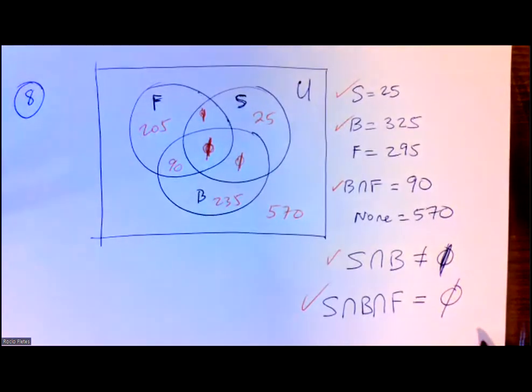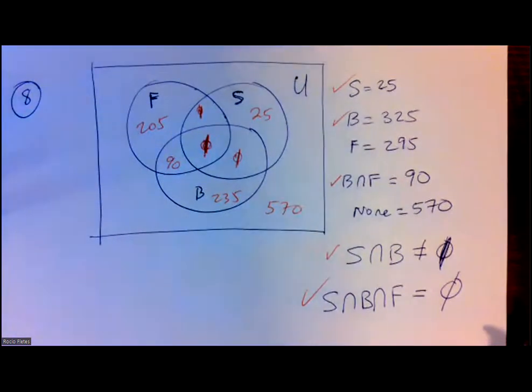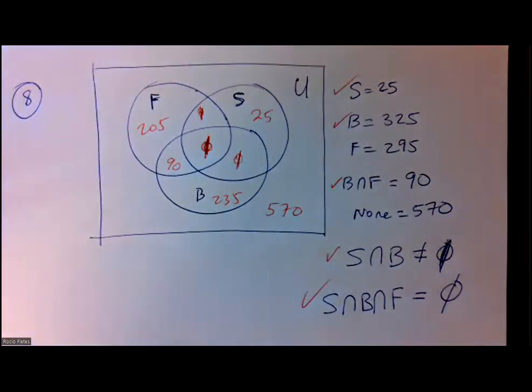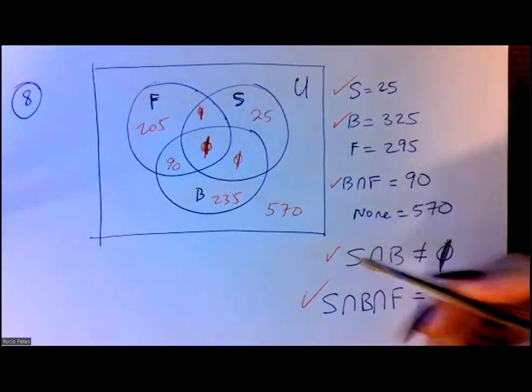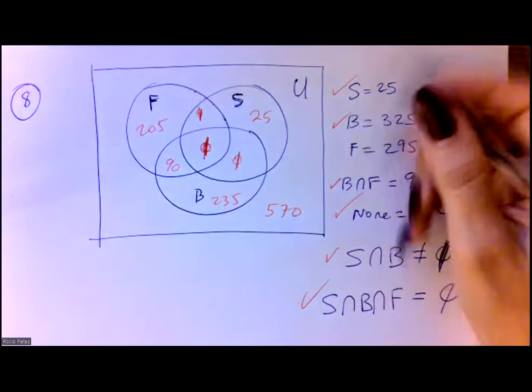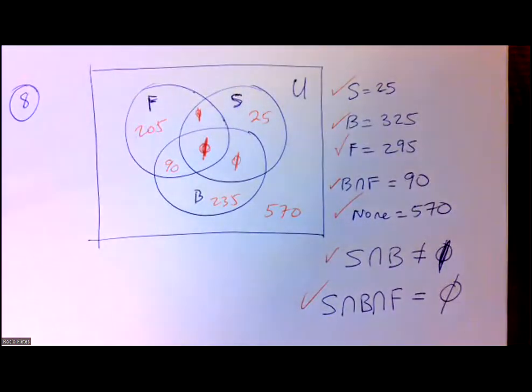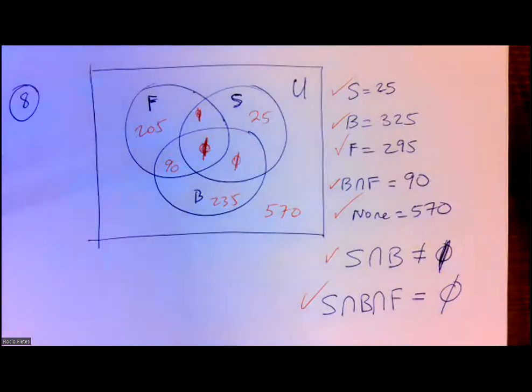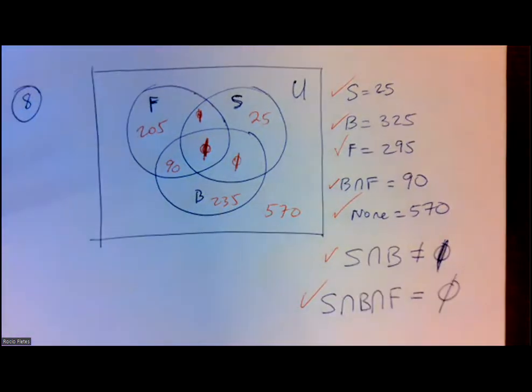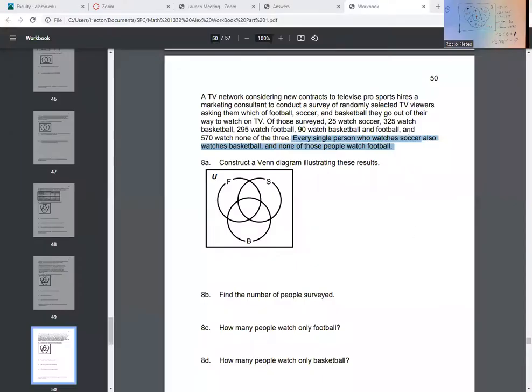So let's make sure we have it right. I always like to double check. I learned that from a friend of my pastor: always double check everything. So let me go back to the problem just to be sure. We know that 25 watch soccer, so I got that right. 325 watch basketball. 295 football.